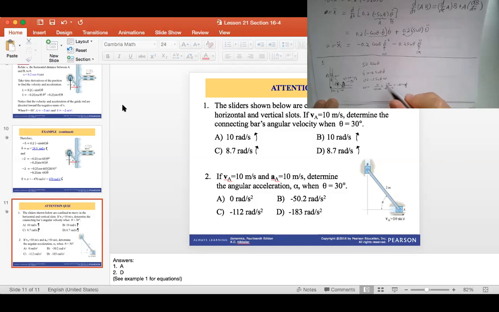So minus means it's going in the negative direction, because this is the positive direction, so the negative direction will be the other way around. So it's going to be 10 radians per second, and then counterclockwise, because clockwise is positive. Or actually, let me see. Did I miss something here?